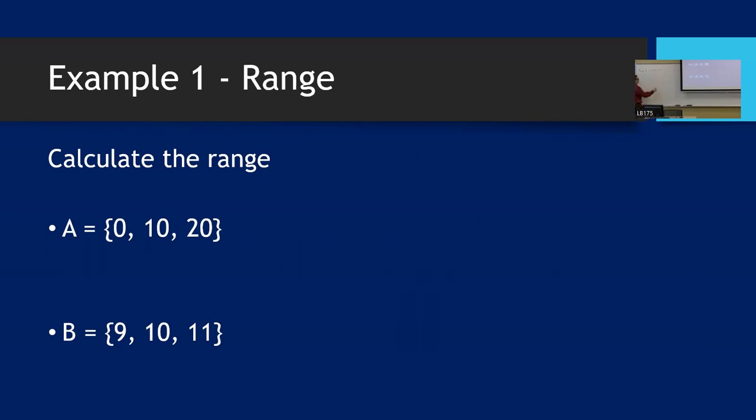So the range of set A is 20. And the range of set B we would find by taking 11 minus 9 and getting 2.